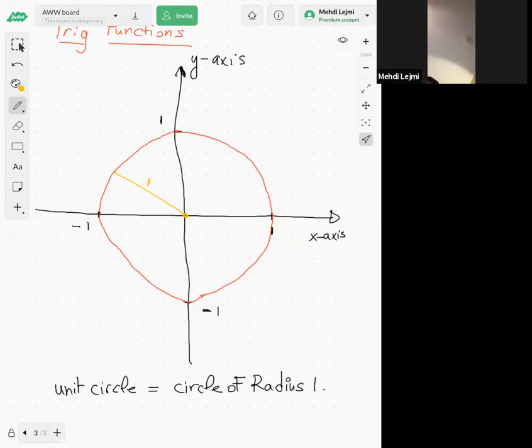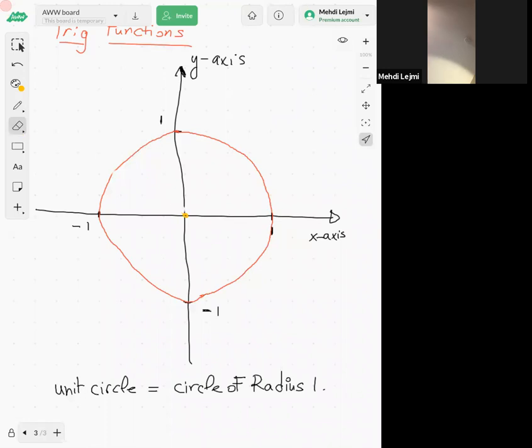So the unit circle is a circle of radius 1, which means that if you go from the origin to any point of the circle, the distance will be equal to 1. Anyway, that's my unit circle.